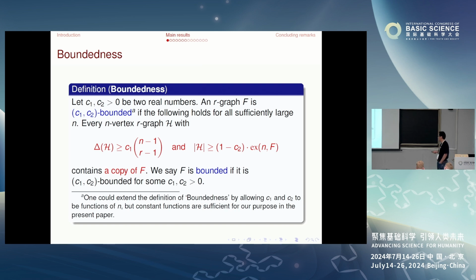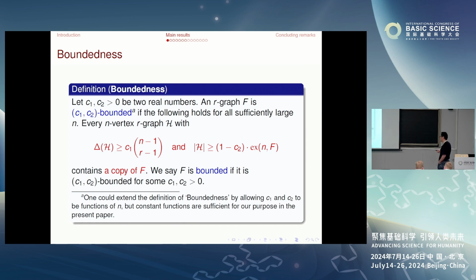At first, we give the definition of boundedness. Let C1, C2 be two real numbers, and our graph F is called (C1, C2)-bounded if the following holds: for large n, every n-vertex r-graph H with maximum degree, where Δ(H) denotes the maximum degree, at least C1 times n-1 choose r-1, and the number of edges at least (1 - C2) times ex(n,F), contains a copy of F.